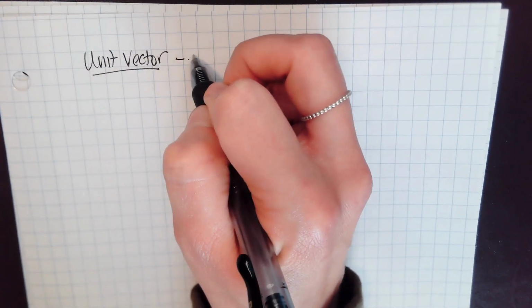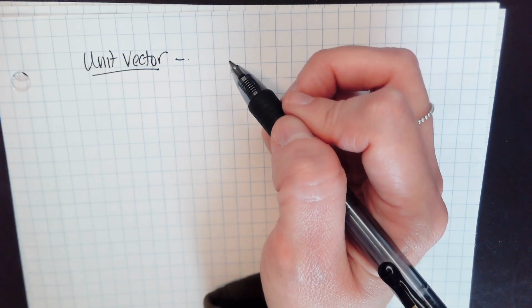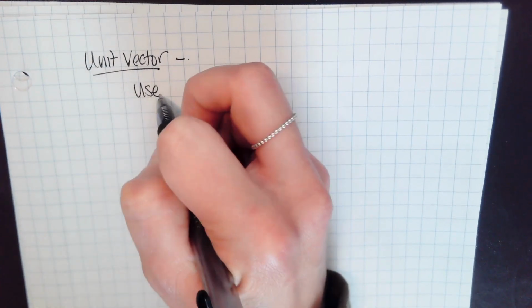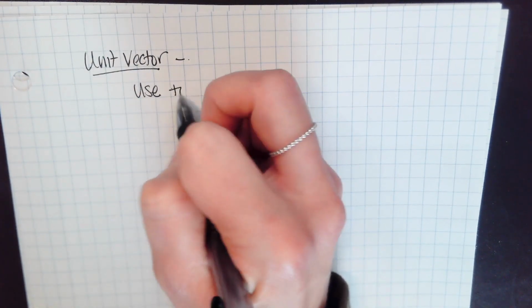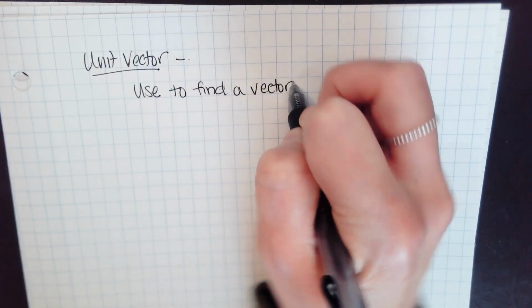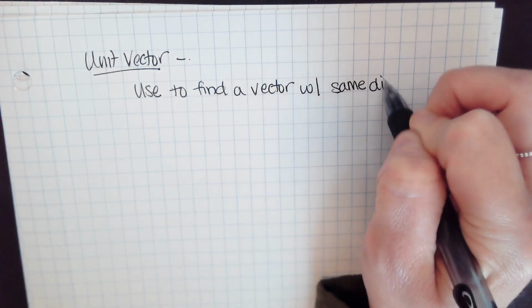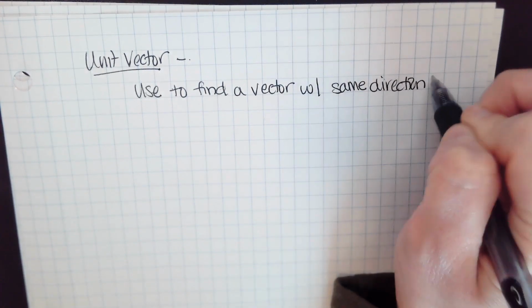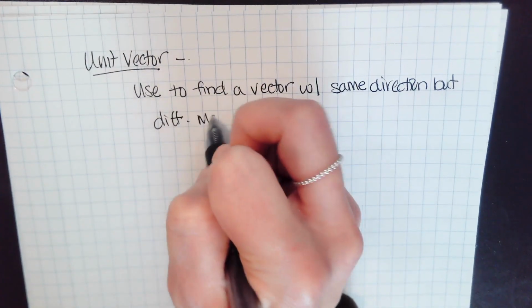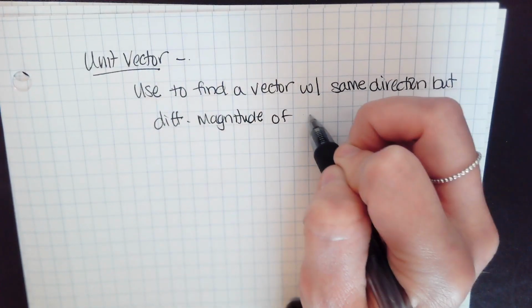A unit vector is useful when finding a new vector with the same direction but different magnitude, of a given vector.